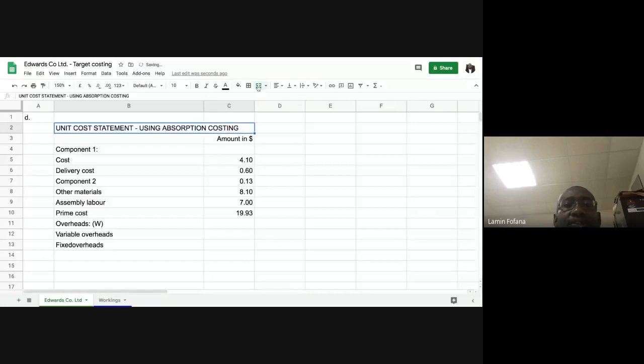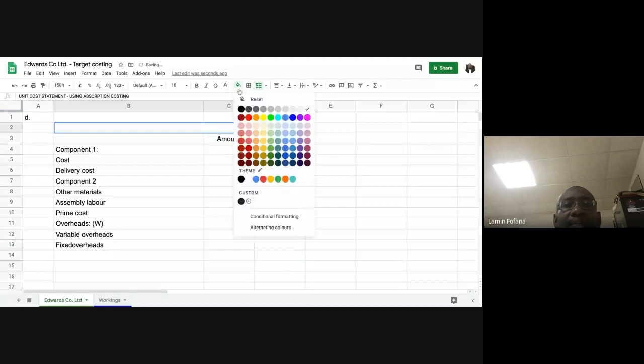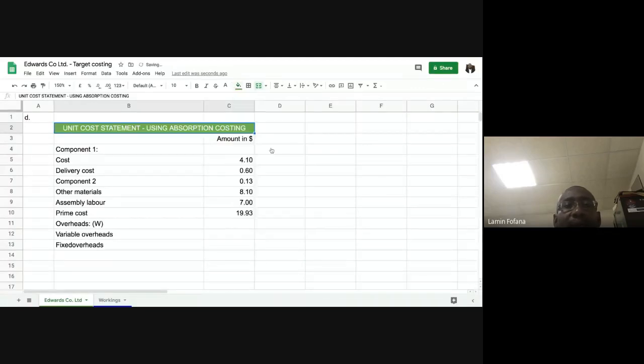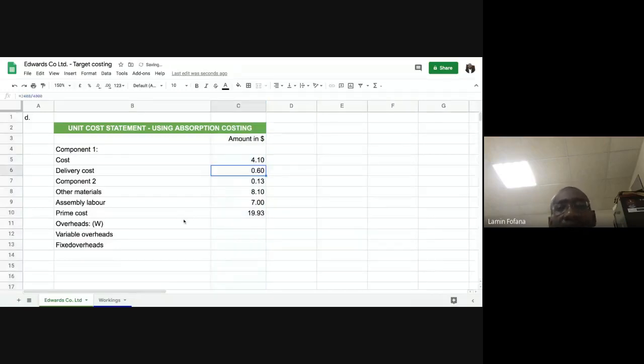We match, we center, and then we can change the font color to white, and the background we can make green. So it looks, wow. Okay, so this is the way we format. Formatting is very, very important, but it makes it look good.